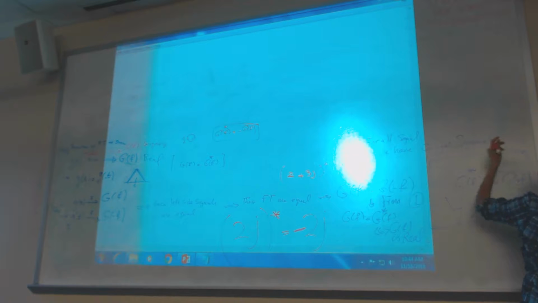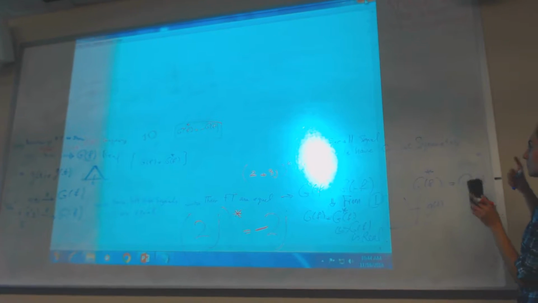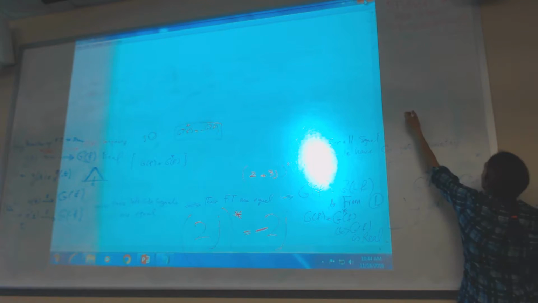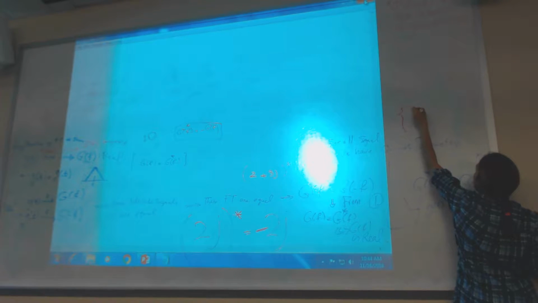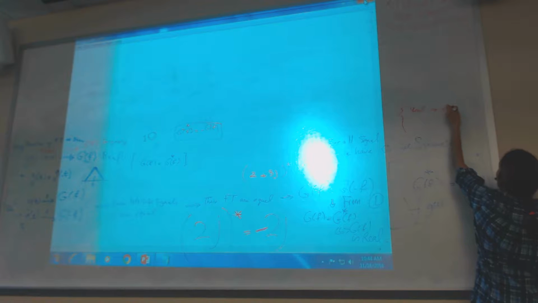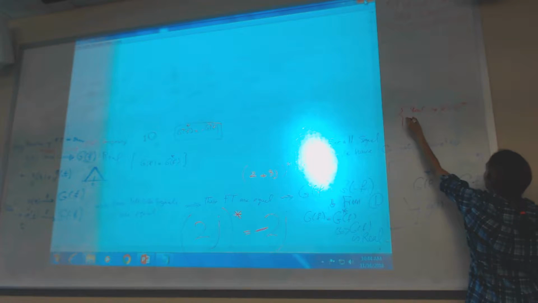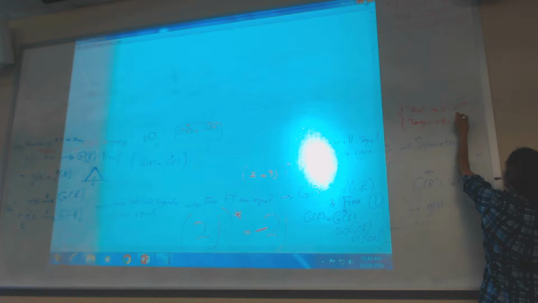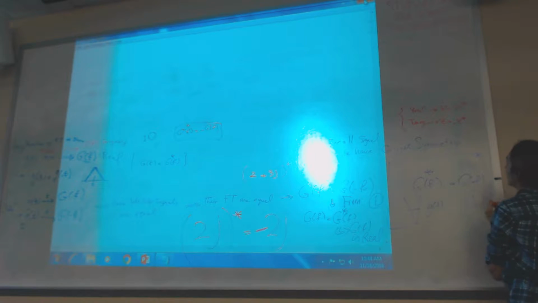So if you go back to the document that I have for complex numbers, you will see: a signal is real if z is equal to z conjugate. It's all imaginary if z and z conjugate are negatives of each other.